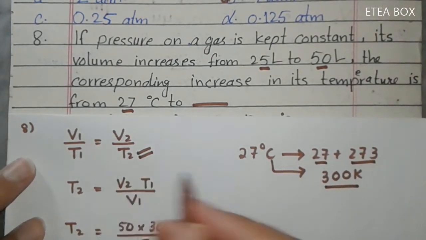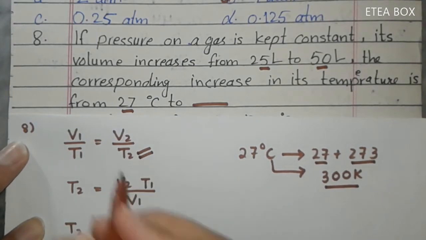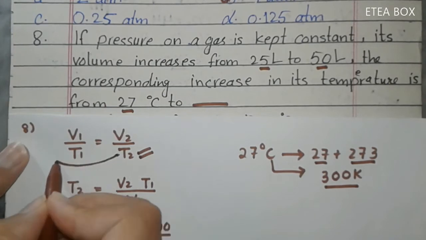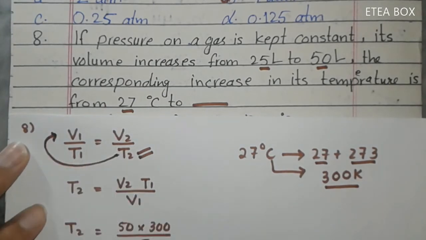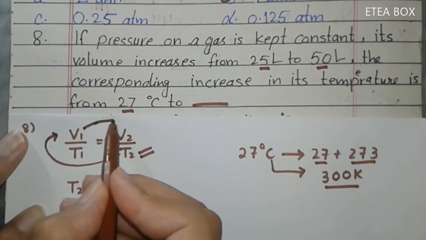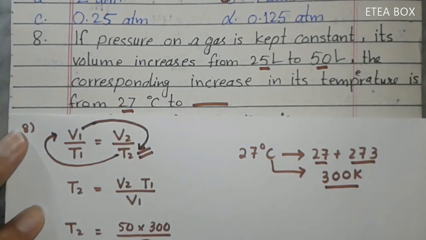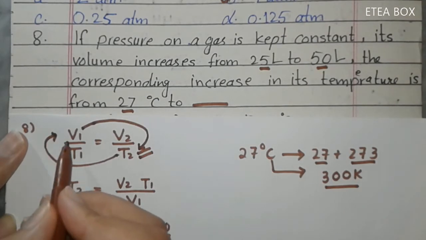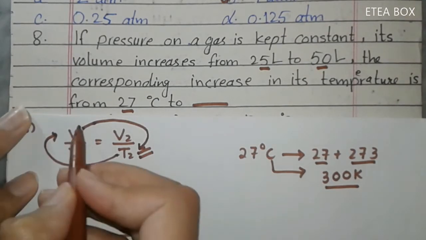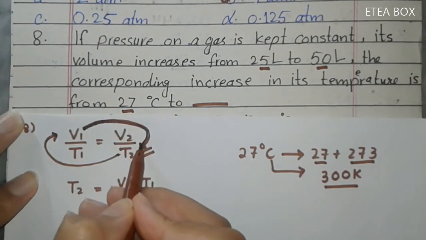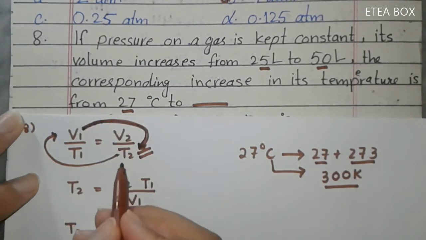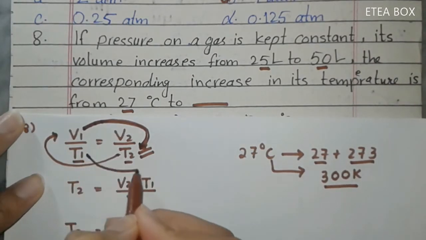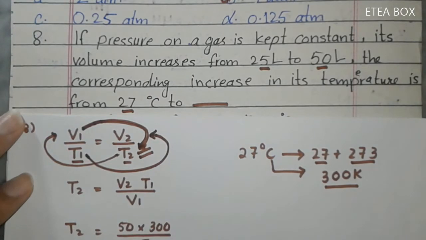So next, coming to the MCQ, we have to find T2. What we will do is bring T2 from here and write it there in place of V2, and bring V1 in place of T2. Then take T1 and place it here with V2.